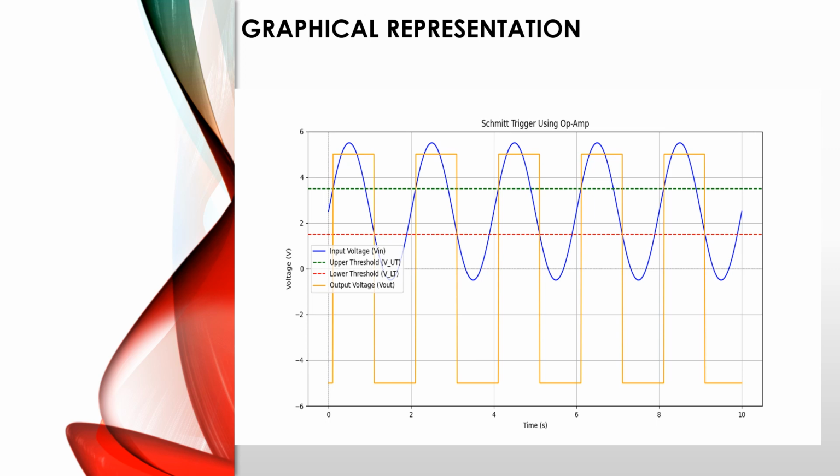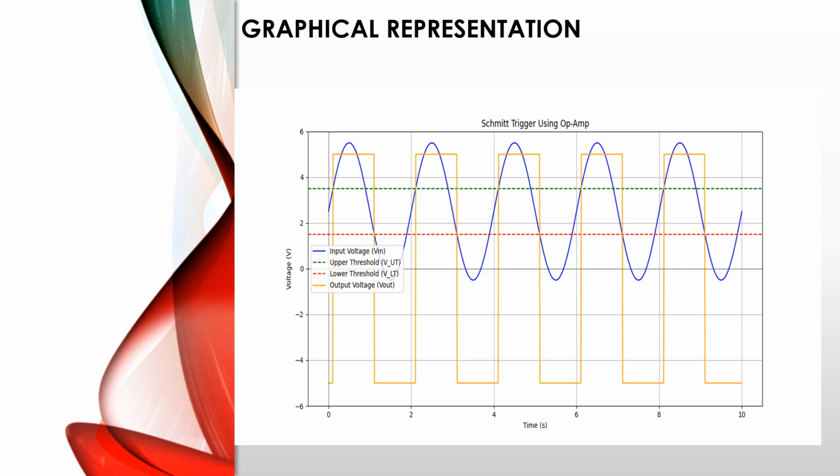But in case of Schmitt trigger using an op-amp, we get two threshold voltages, that is upper threshold voltage and lower threshold voltage. With one reference voltage we cannot compare the input voltage like this.